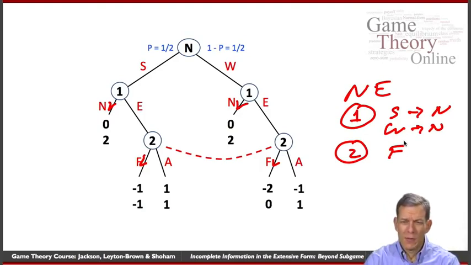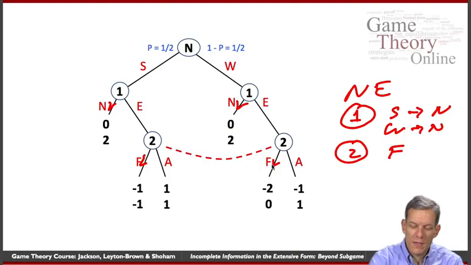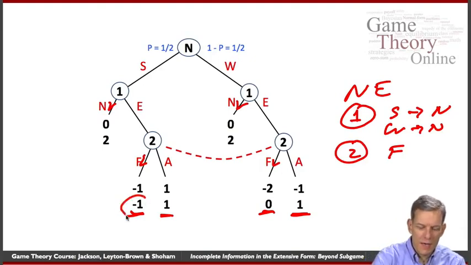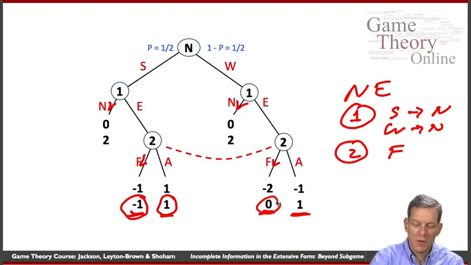What's strange about that equilibrium? If you look at the fight decision of player two, the fight decision is essentially a dominated strategy, in the sense that it gives -1 if the player is strong compared to 1 if they were acquiescing, and 0 if it's against a weak one, whereas 1 if they acquiesced.